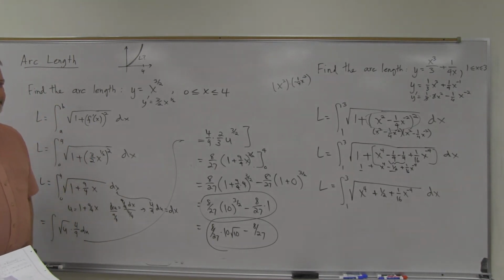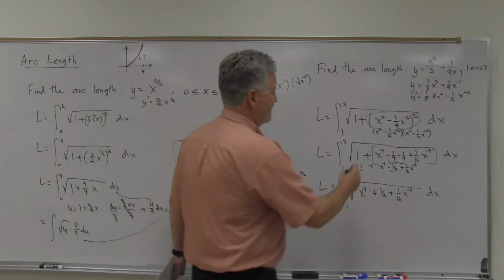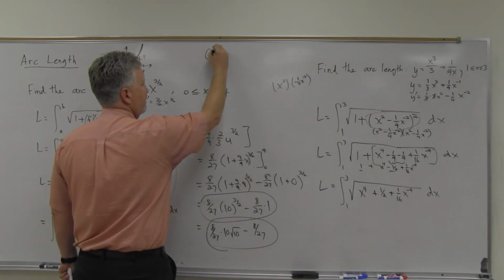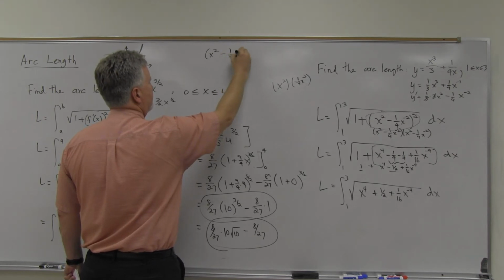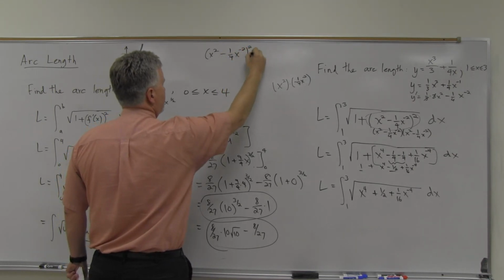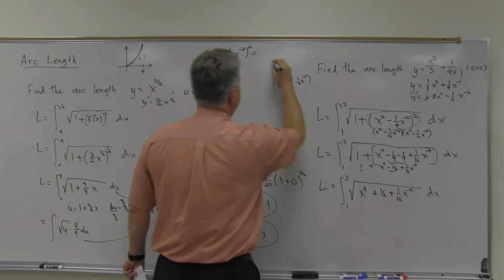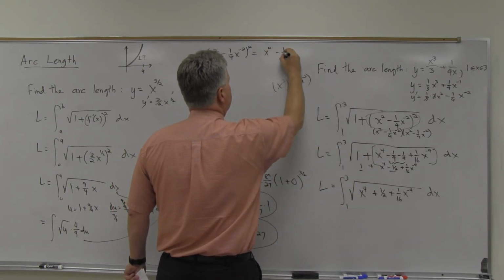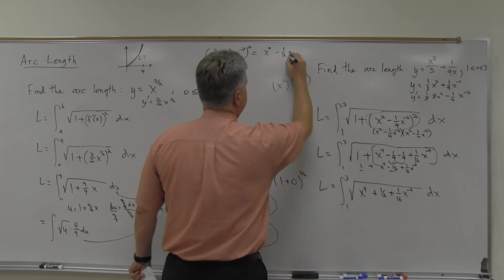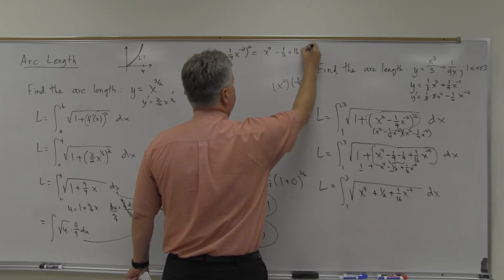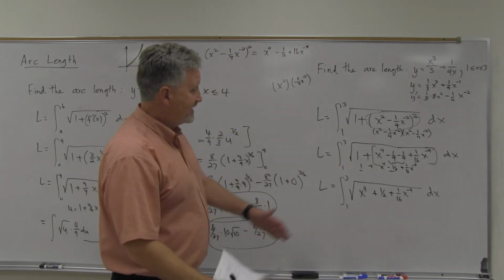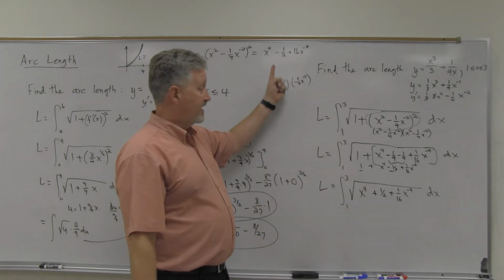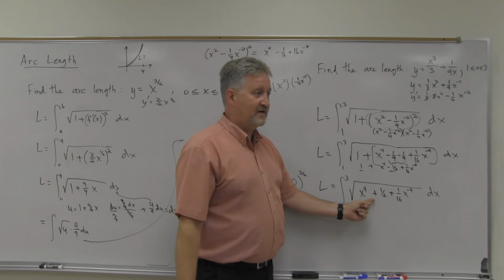However, let's look at this. I've got x squared minus 1/4 x to the minus 2 squared. That equals x to the 4th minus a half plus 1/16 x to the negative 4. Now why do I mention that? What do you see here? I don't quite have that, but I have just about the next best thing.